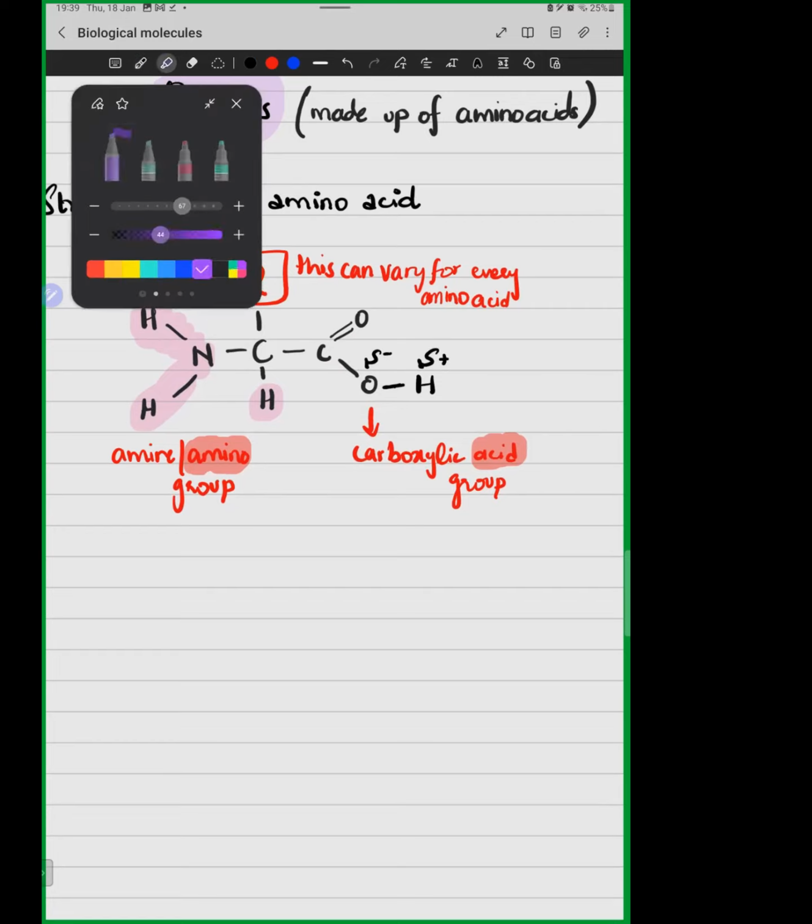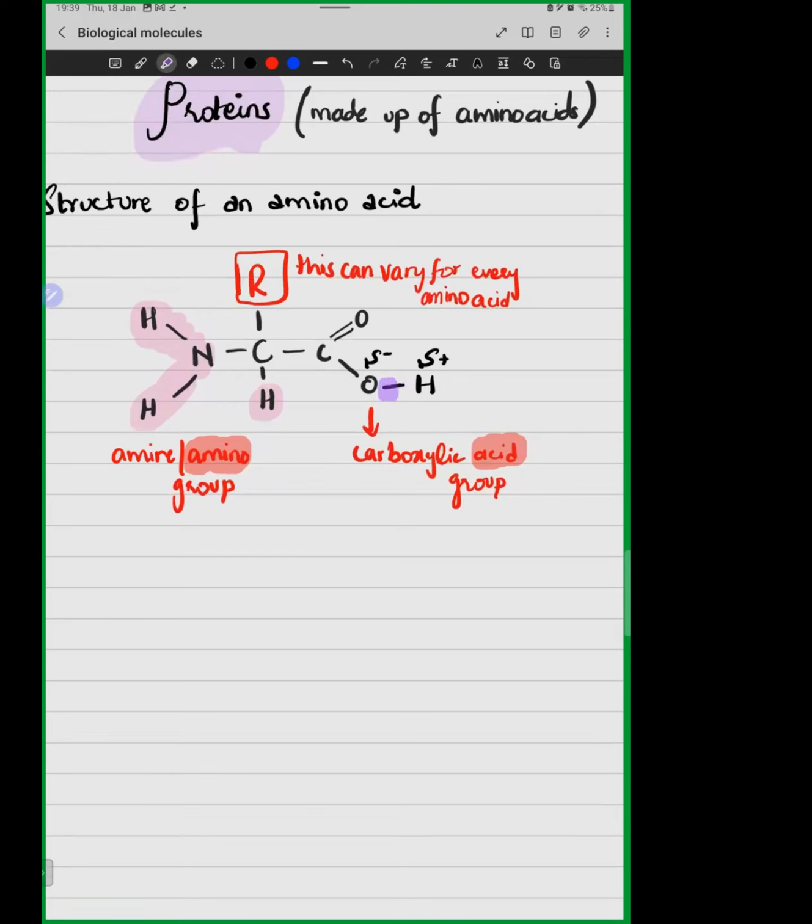Why? Because oxygen has the ability to attract the electron cloud of this bond towards itself. So the electrons which are being shared between the oxygen and the hydrogen atom are drawn more towards this oxygen. So this gets a partially negative charge and this gets a partially positive charge.